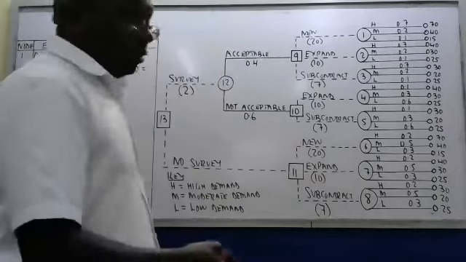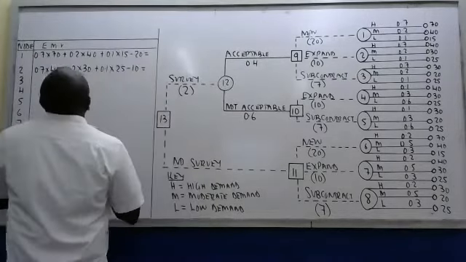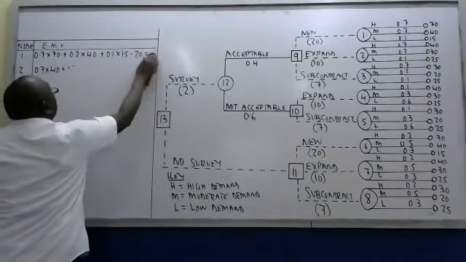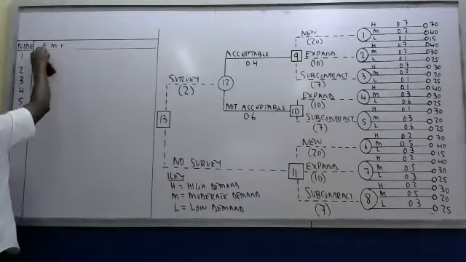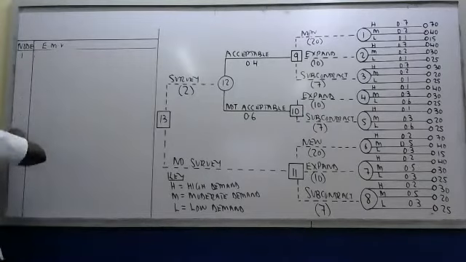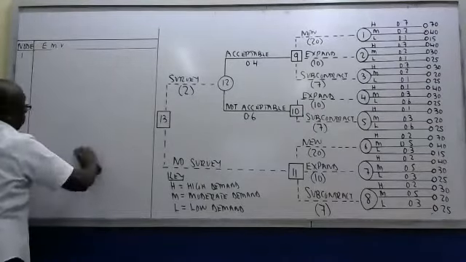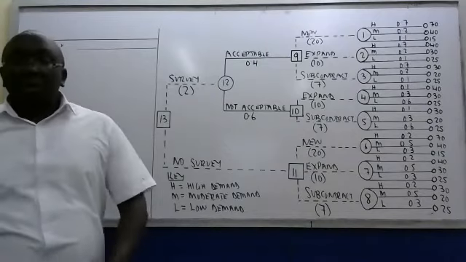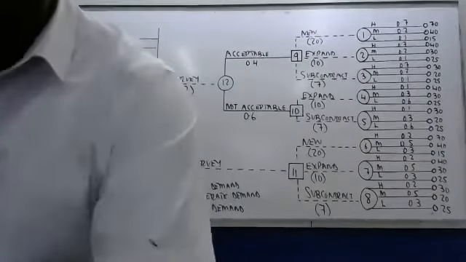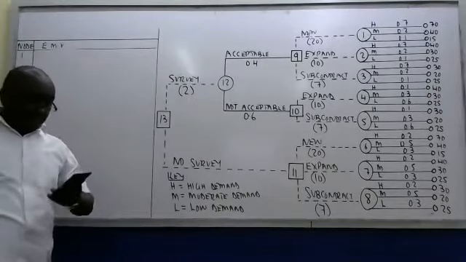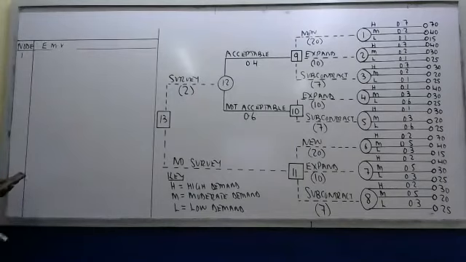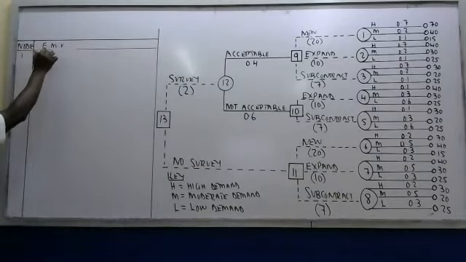Finished. Send your figures. So number one, you should get 38.5.